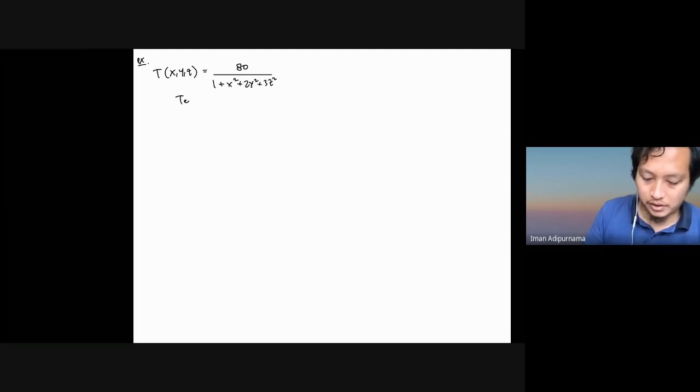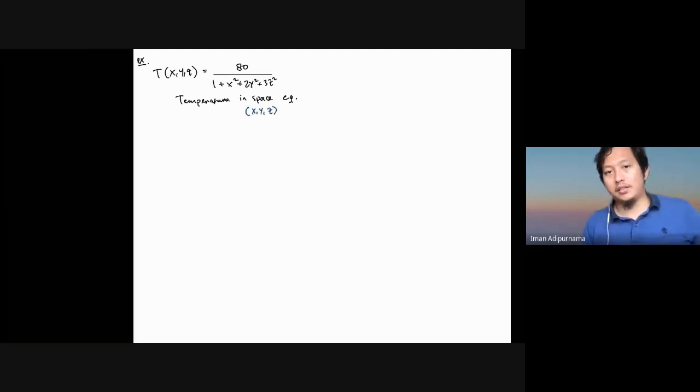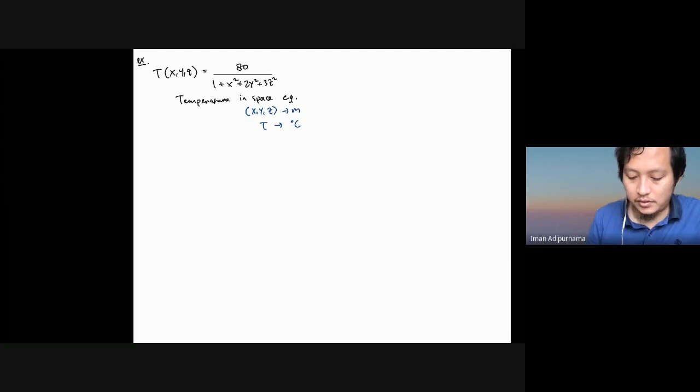So temperature in space, which means space has 3 different coordinates, and this is in meters and temperature in Celsius, of course. So when you are changing the coordinate, you are changing the temperature.